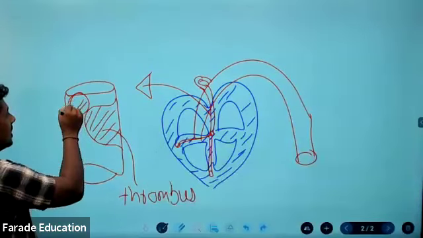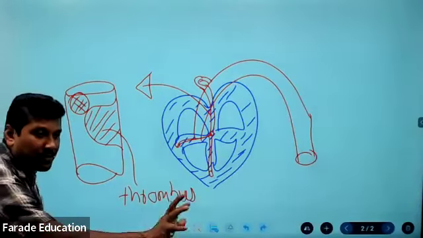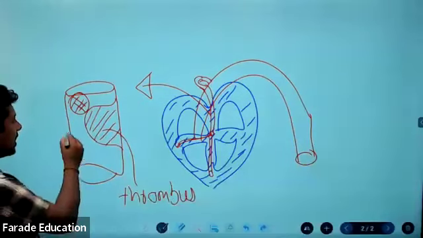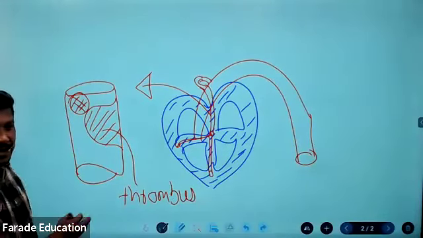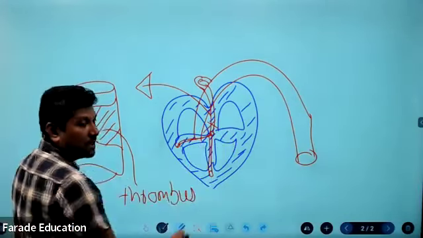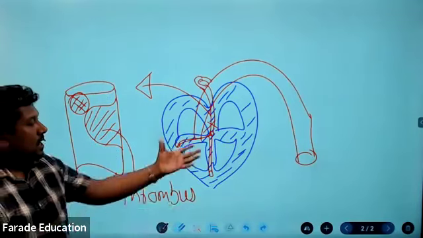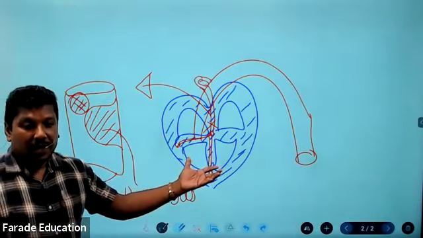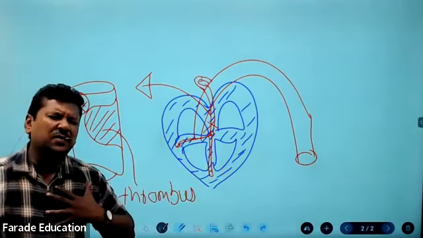So it comes here, and it's like you make a plug, right? So what happens? Finished. This artery is completely blocked. So at this place, if it's blocked, the heart does not get blood. At that instance, you get a severe pain.